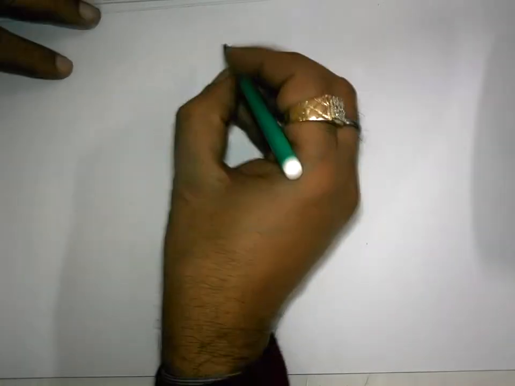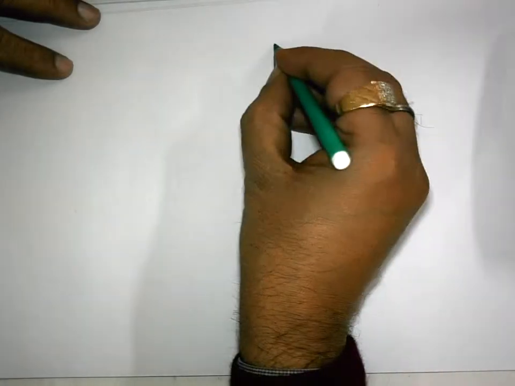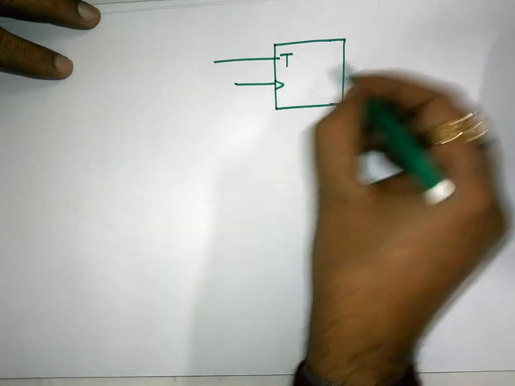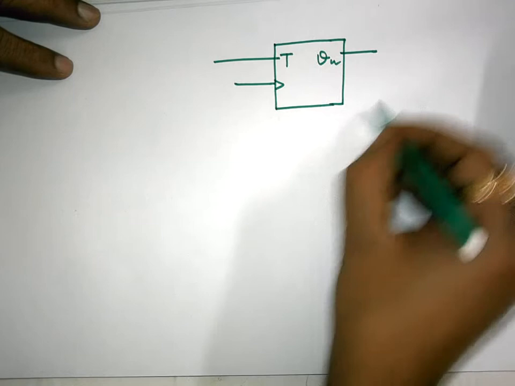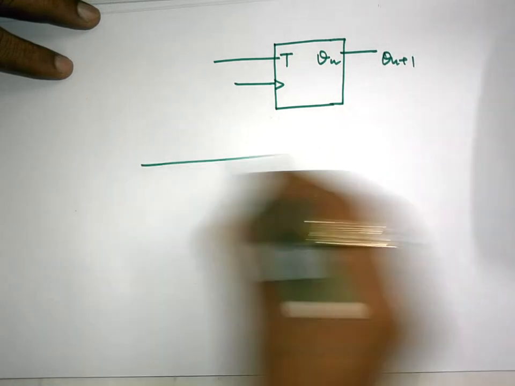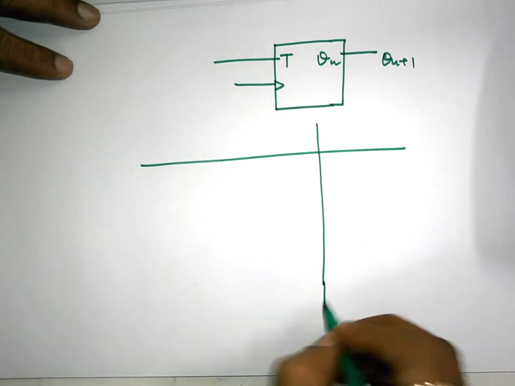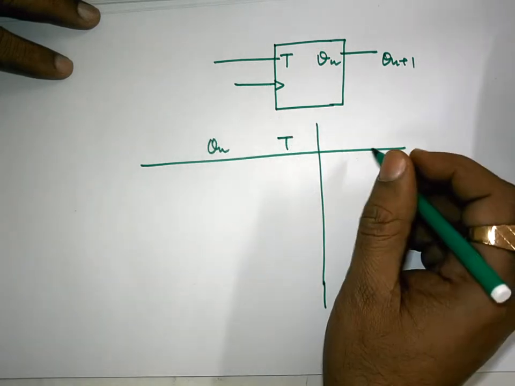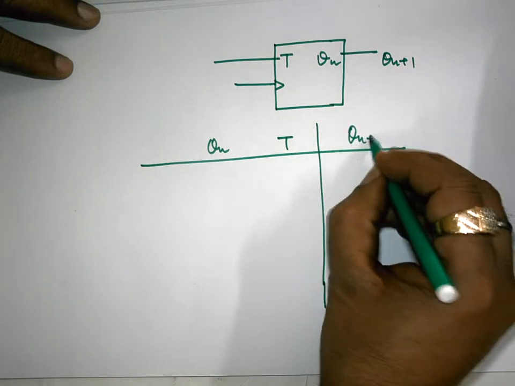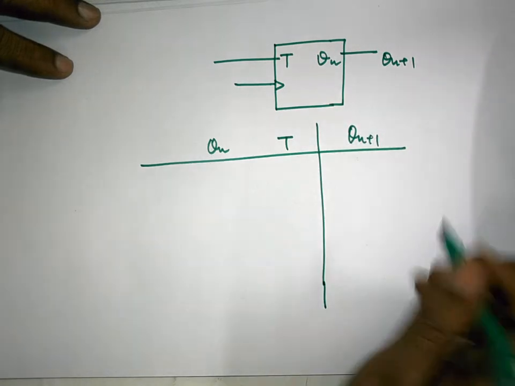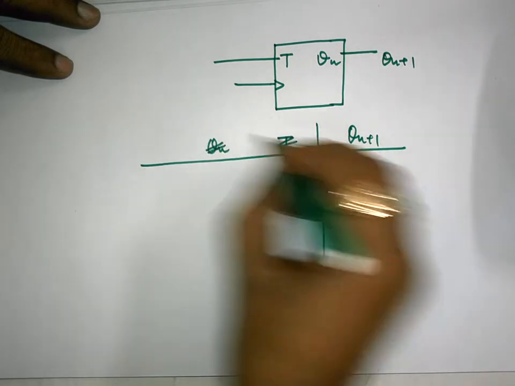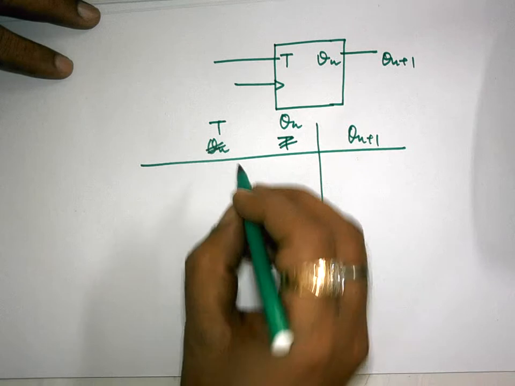Now you see the T flip flop. In T flip flop we have two inputs, Qn and T, and one output Qn plus 1. Better to put T over here and Qn over here.